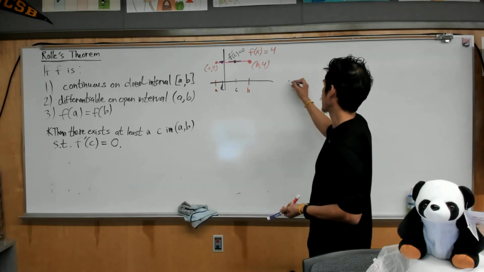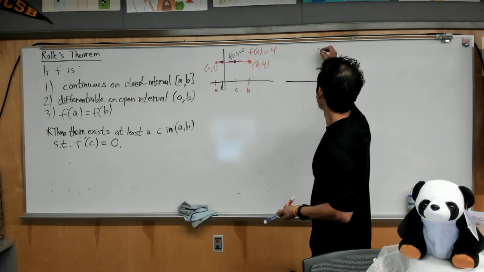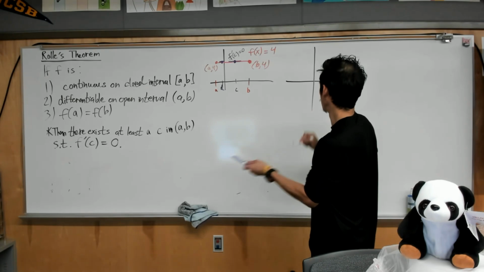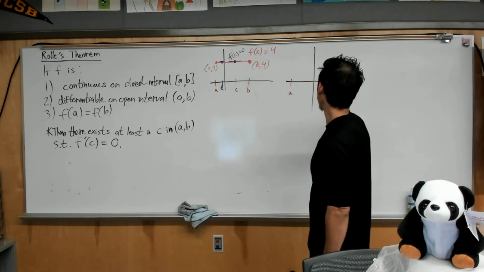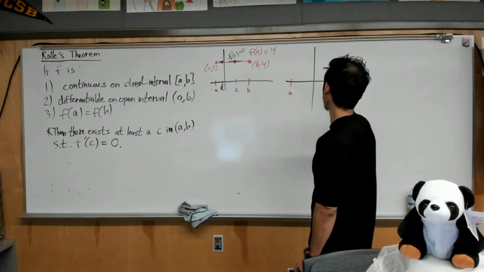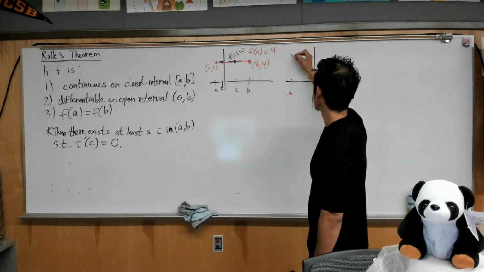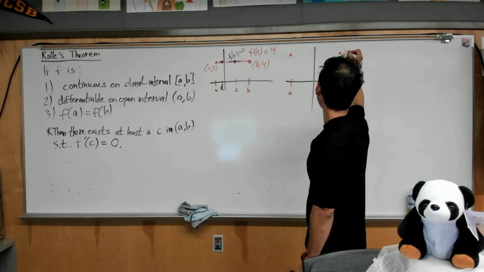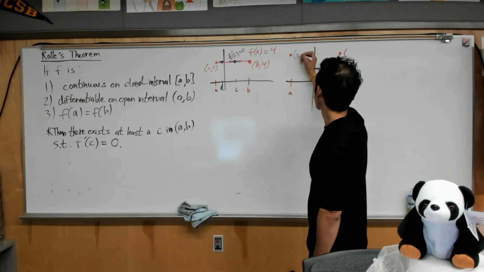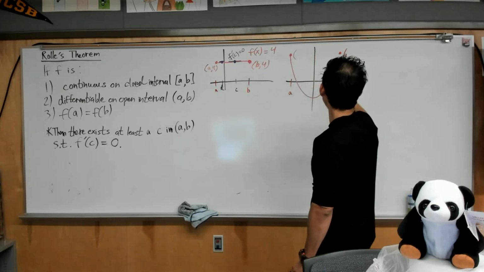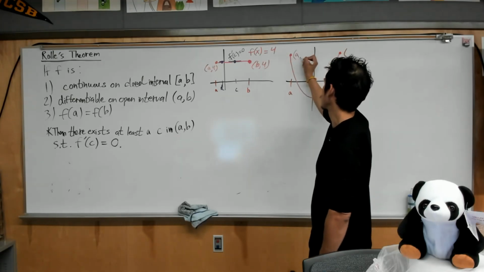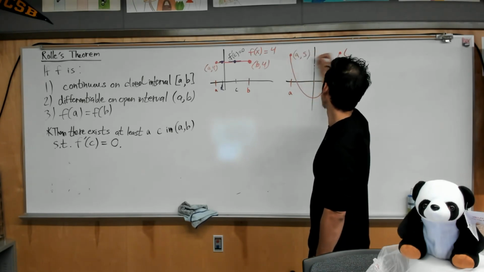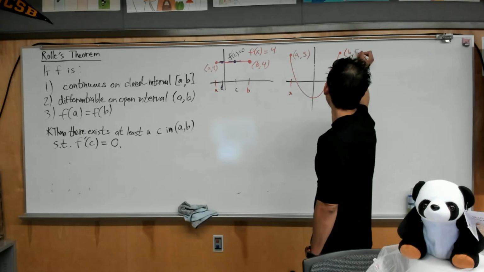Another case, we could have maybe something simple where it just does a parabola thing. Maybe it does something like this. And again, let's say these values are 5. A5, B5.